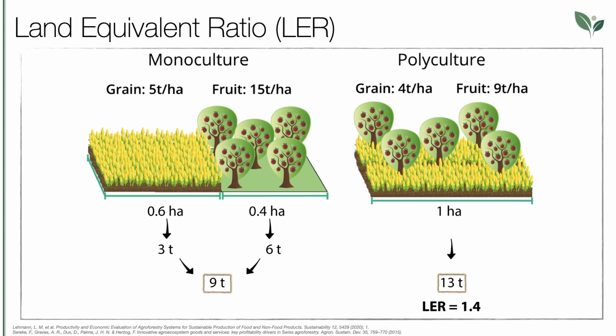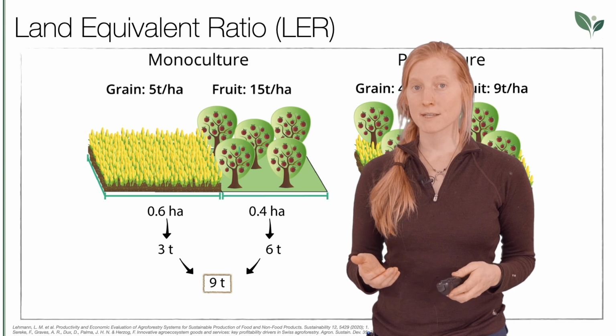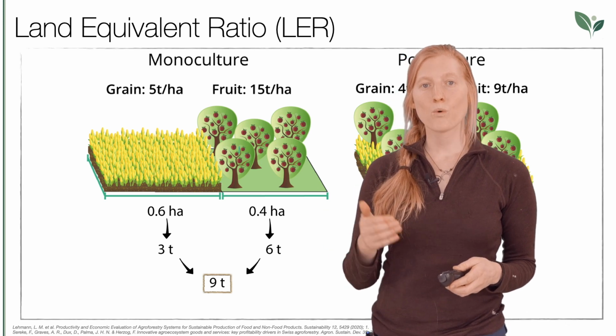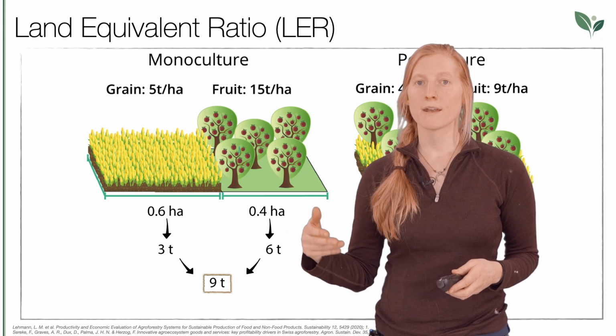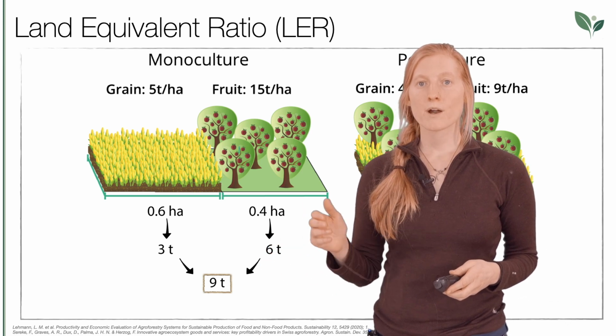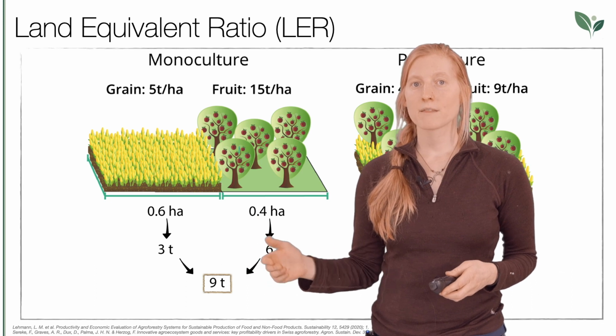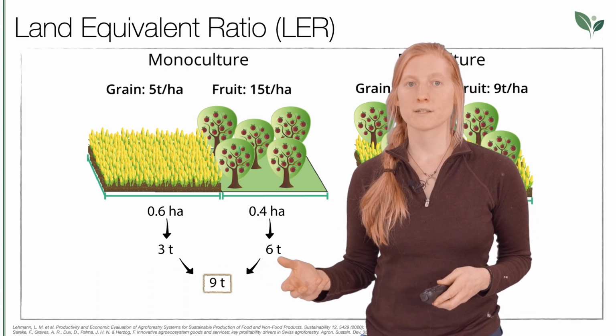Output is measured by the so-called land equivalent ratio, LER, which describes the relative area required by a single crop to produce the same biomass output as that of a multi-crop or agroforestry system. This means if the LER is less than 1, then the single crop enterprise is more productive than agroforestry. Where the LER exceeds 1, the agroforestry approach is more productive.